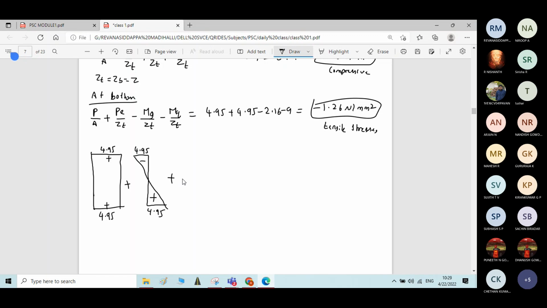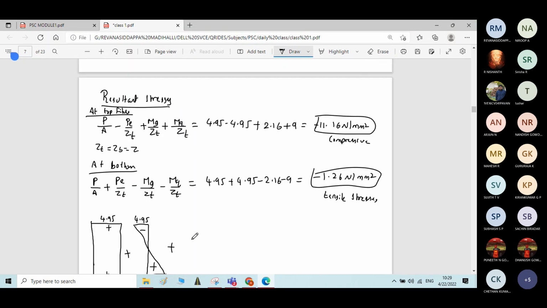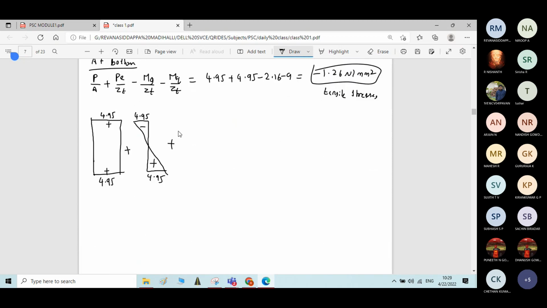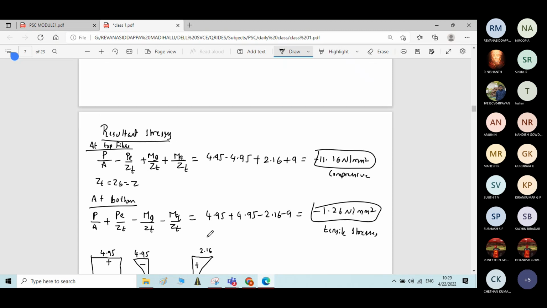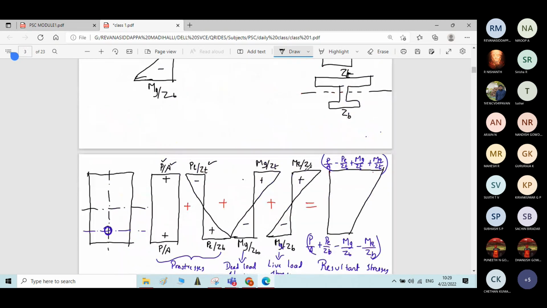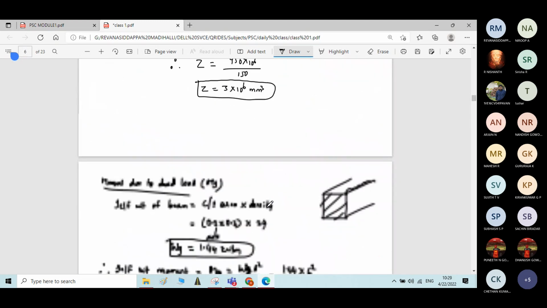Plus, what next? Self-weight stress, which we got as 2.16, positive and negative. Then the stresses due to live load, the same nature of stress as I'm writing here.